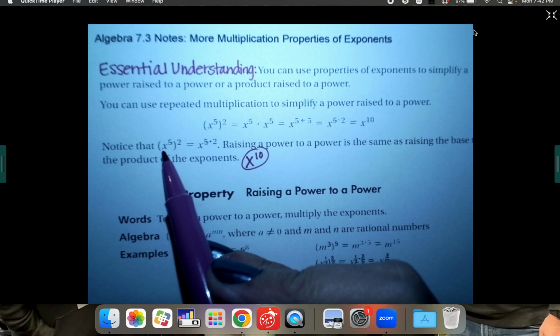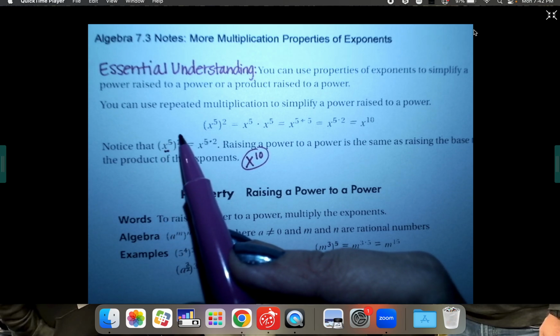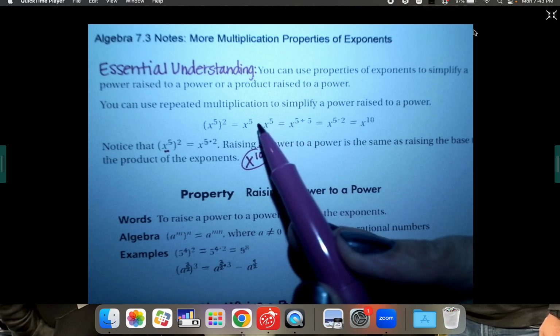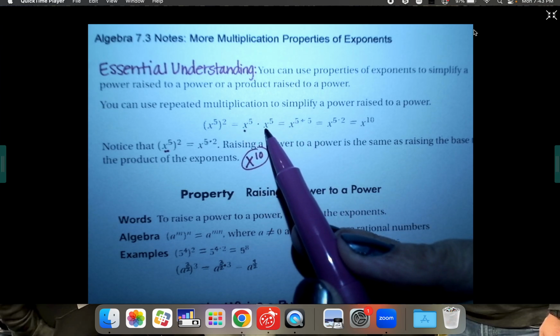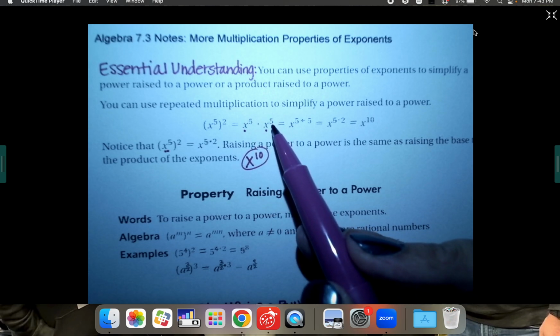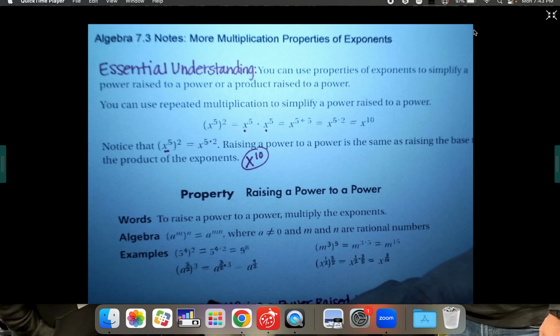So if you have one base and it's raised to a power and that whole power is raised to another power, the exponents get multiplied. Please don't confuse that with when the bases are separated out and they're the same base and you can add their exponents, because adding is different than a power raised to a power that gets multiplied.